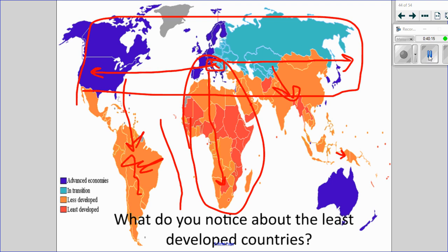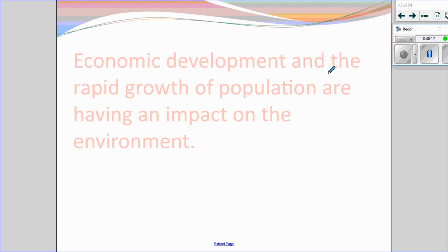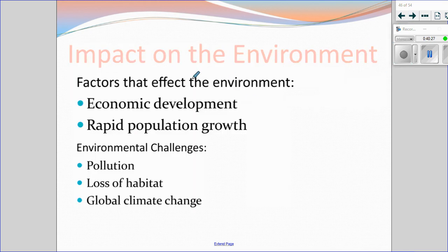Well, anyway, I digress. So the economic development and the rapid growth of the population are having an impact on the environment. Factors that affect the environment: economic development, rapid population growth. We see more rapid population growth in developing nations because essentially population growth is on a curve.